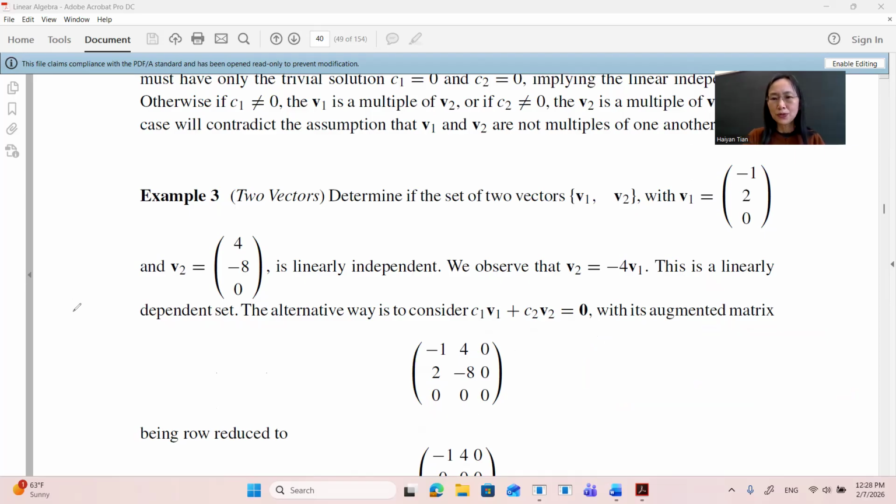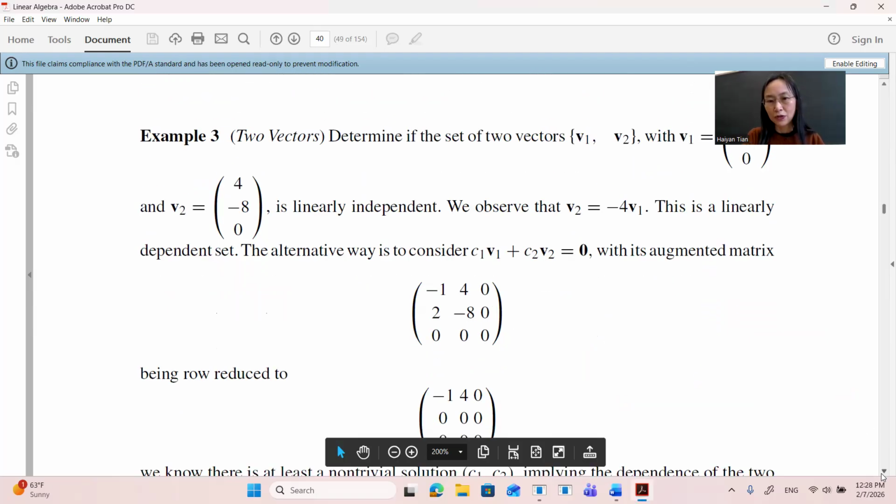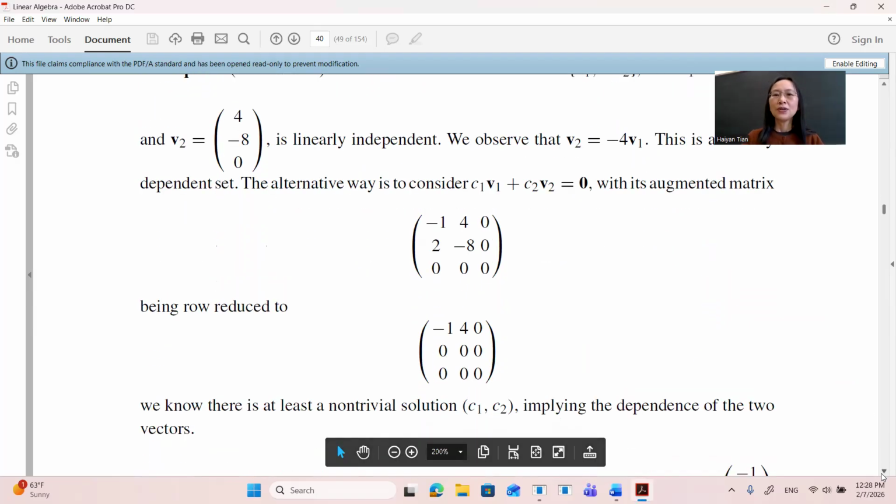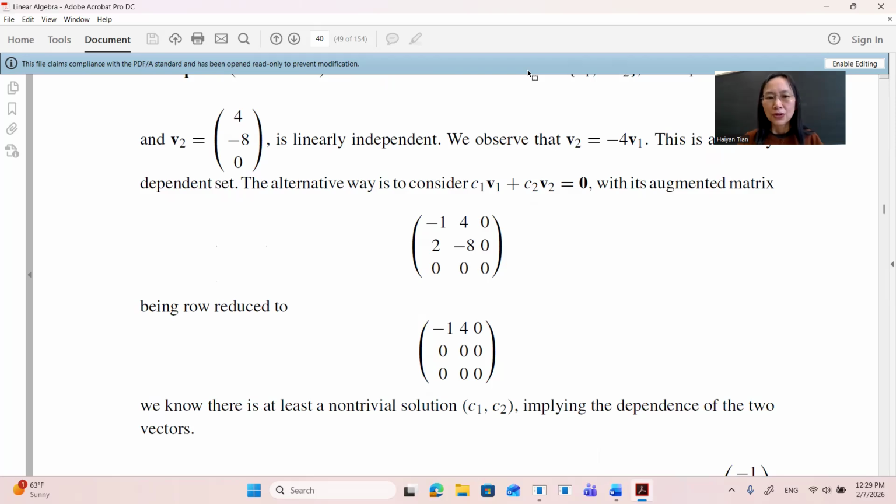Of course, when you solve, you want to reduce it so you can easily see whether we have only trivial solutions. So after you reduce, as we can see, this is a replacement of the second row: twice the first row can be added to the second row, then that will result in a row of zeros.